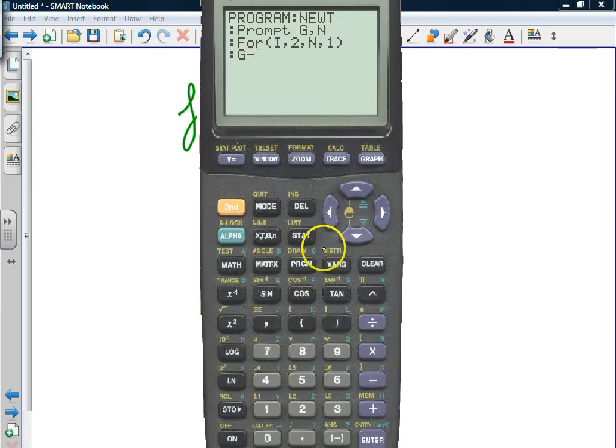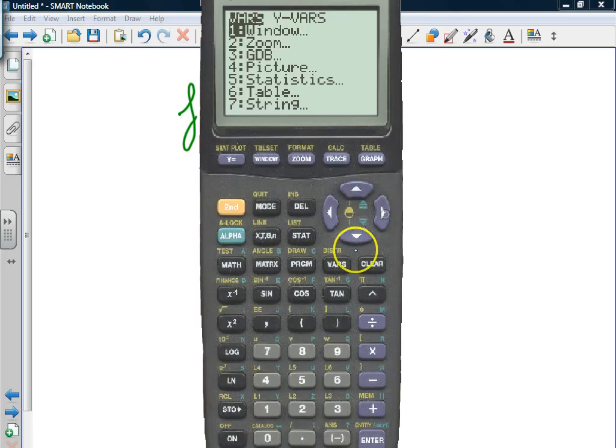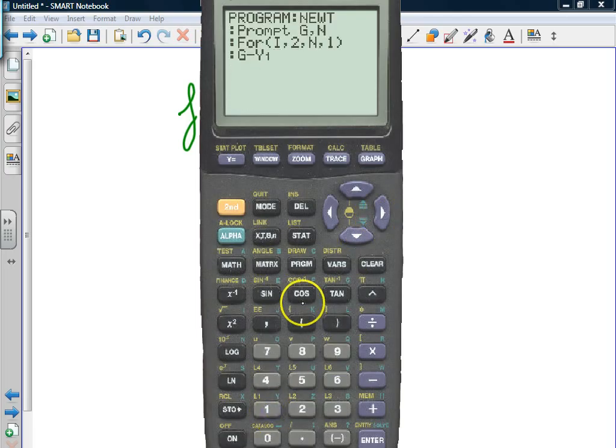That's called a precondition. All right, so I need Y1: vars, Y-vars, function 1, open parentheses, add alpha G, divided by the numerical derivative, math 8, of Y1: vars, Y-vars, function 1, with respect to X, at alpha G.